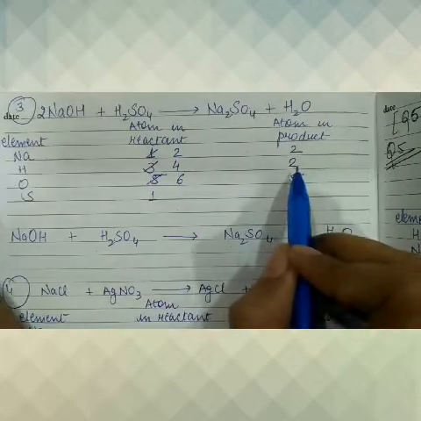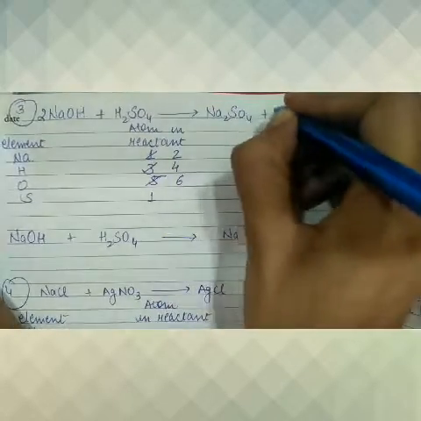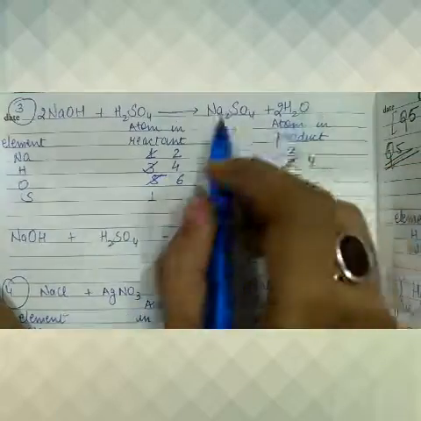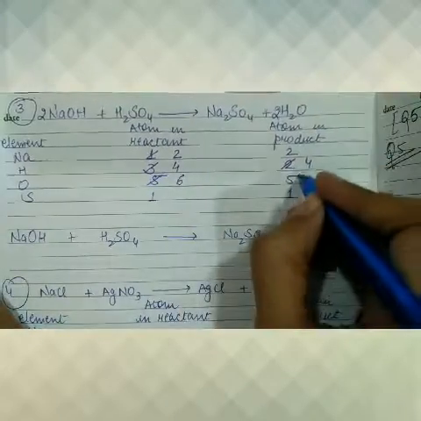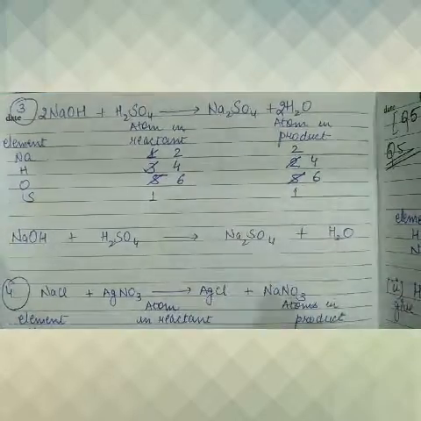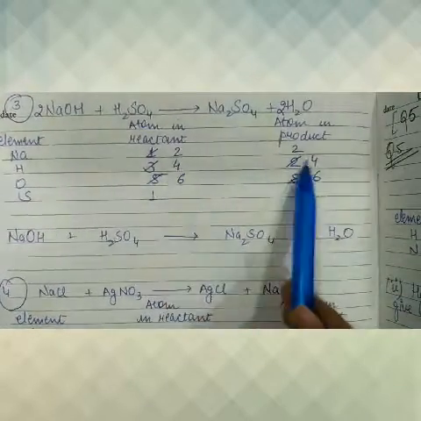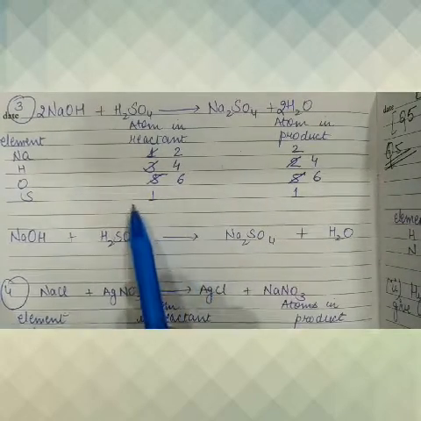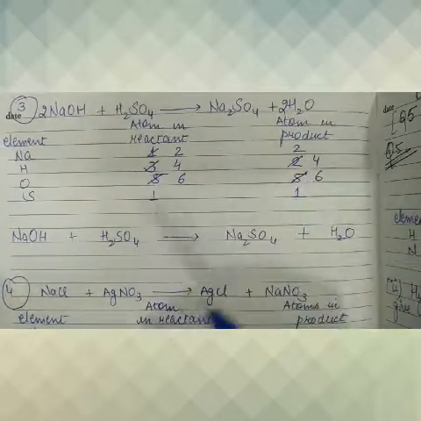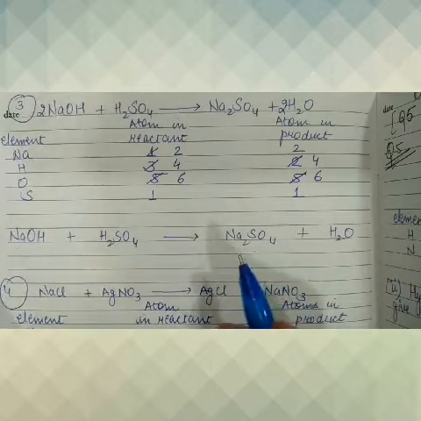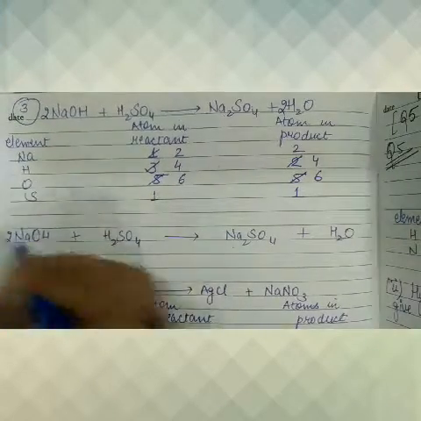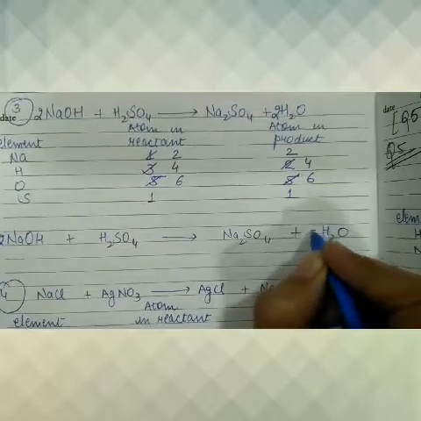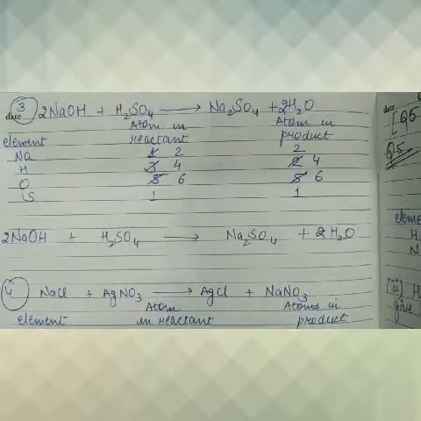To balance the number of hydrogen atoms, multiply it by 2. 2 2s are 4, and here also the number of oxygen atoms will automatically turn to 6. See, 2, 2, 4, 4, 6, 6, 1, 1. When the number of atoms in the reactant side and the product side becomes equal, we call it a balanced chemical equation. So our balanced equation is 2NaOH plus H2SO4 gives Na2SO4 plus 2H2O.